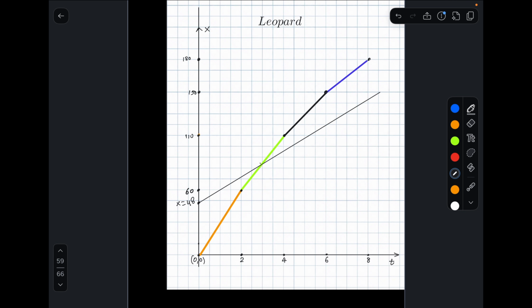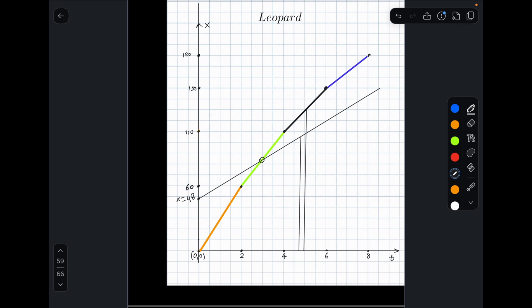At this point, the deer and leopard meet, and after this point, the x of the deer is less than the x of the leopard. It means the leopard is going ahead now, so it will easily catch the deer. If it is ahead of the deer, the leopard will slow down and catch the deer.